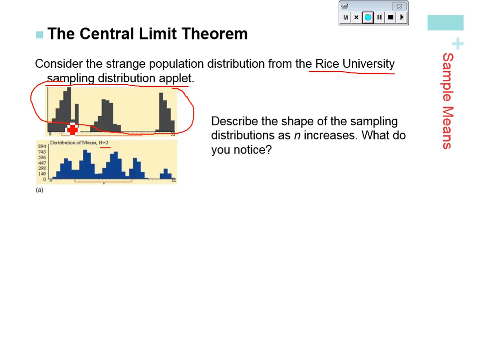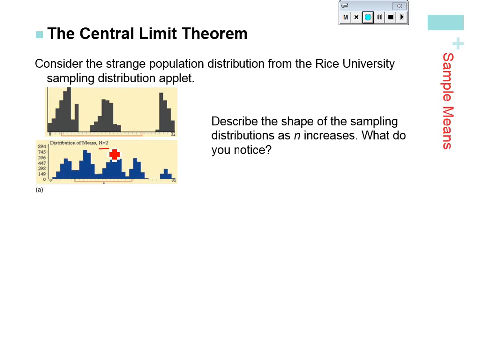You can see in this graph you have some gaps. It looks like it's kind of skewed left here. This one is roughly symmetric, and then you've got another piece over here that's skewed to the right. So this population distribution in terms of its shape is all over the place. There isn't really any discernible shape involved with this population distribution.